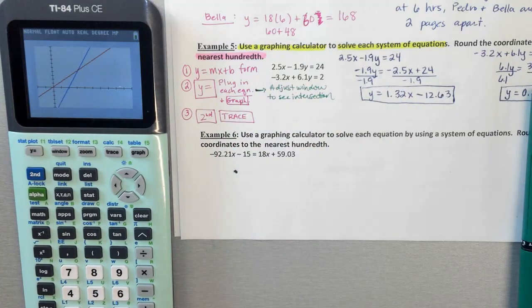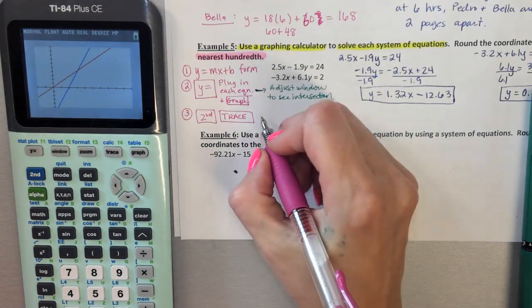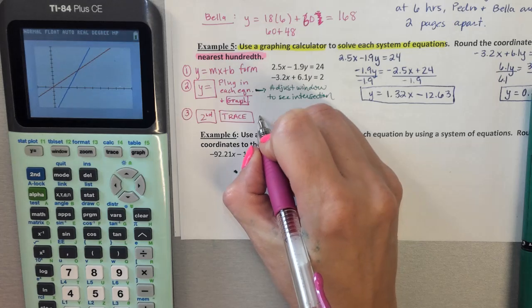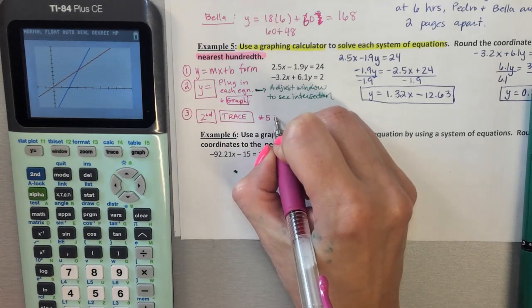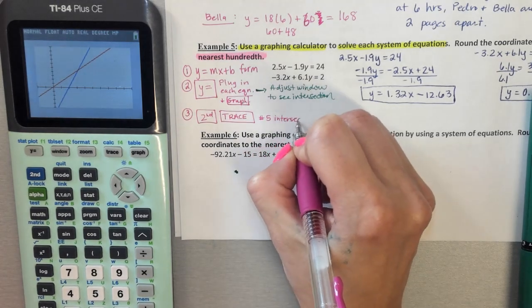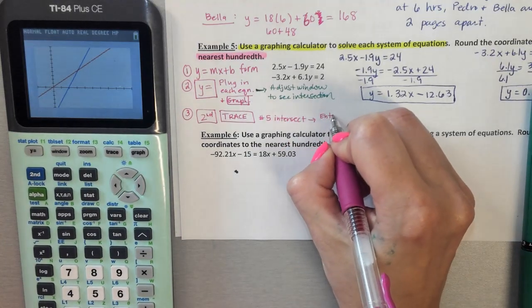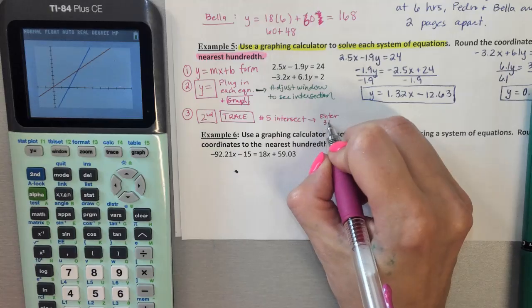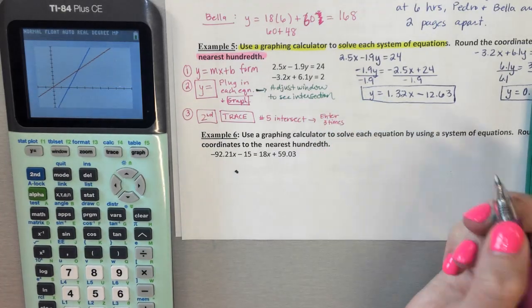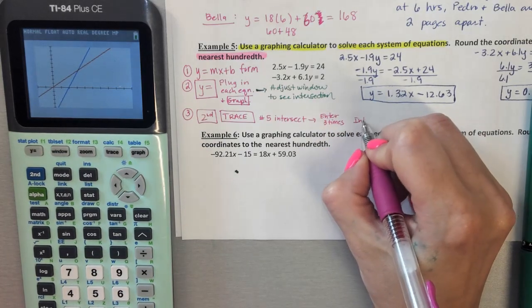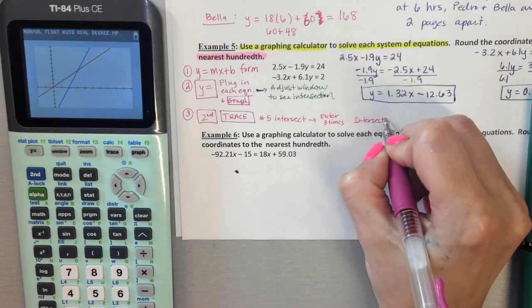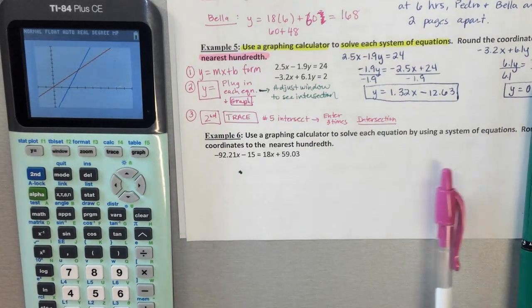Once you hit that, for most of these, it's going to be option number 5 that says intersect. We're going to press enter 3 times until it says intersection. That's the key word.